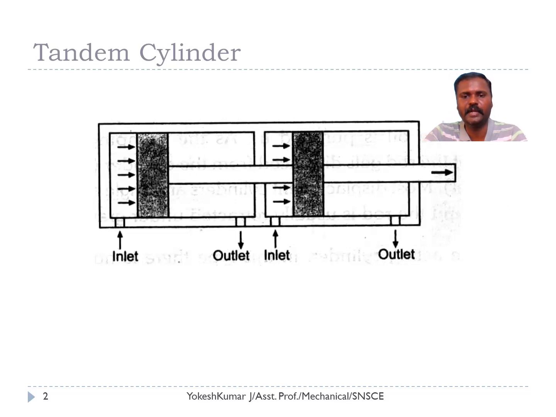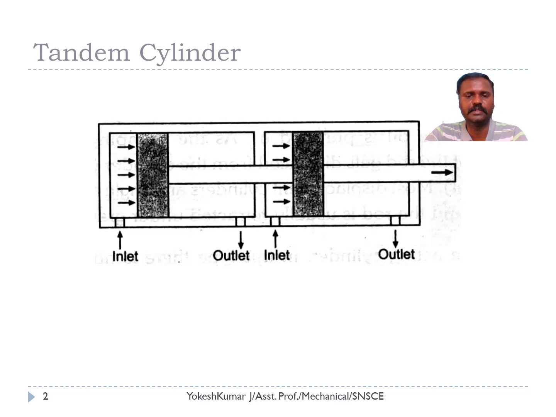When you want to make a retraction movement, you need to send the pressurized oil in this port, that is, the outlet port. So the force will be acting in this direction on the rod end of the cylinder. The piston moves from right hand side to left hand side, and that stroke is called a retraction stroke.